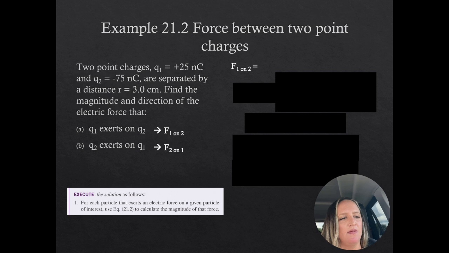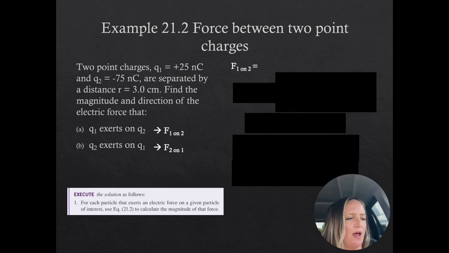So in this example, we're going to calculate the force between two charges, and the magnitudes of the charges are given here: 25 nanocoulombs for the first one and negative 75 nanocoulombs for the second charge, and they're separated by a distance of 3 centimeters.